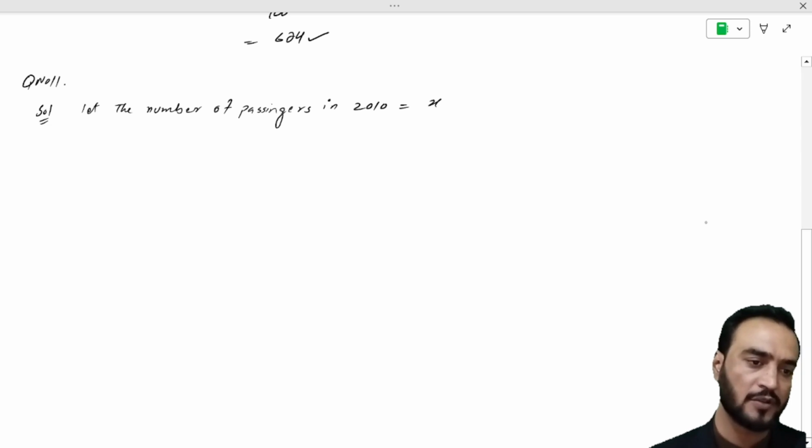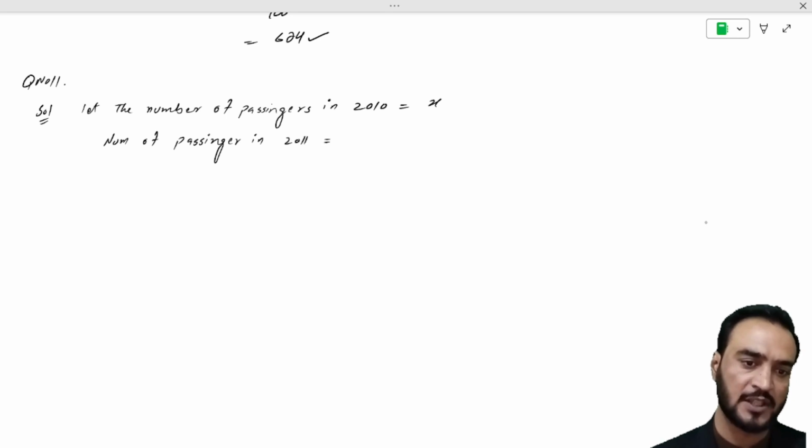So in 2011 there is an increase of 8%. So the number of passengers in 2011 is 8% more than the number of passengers in 2010.